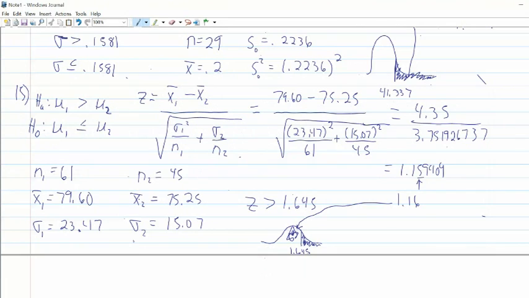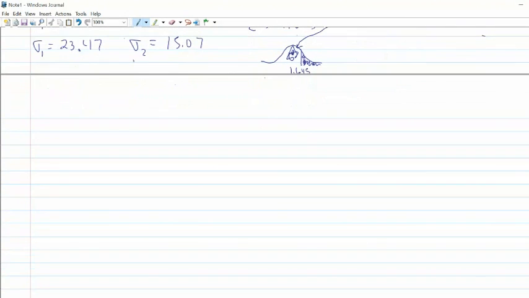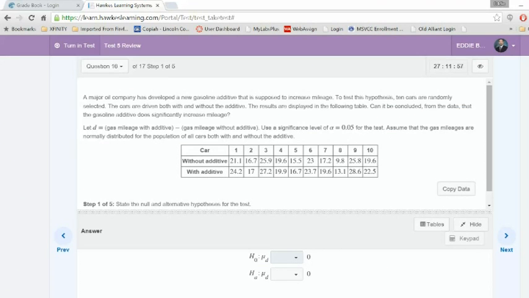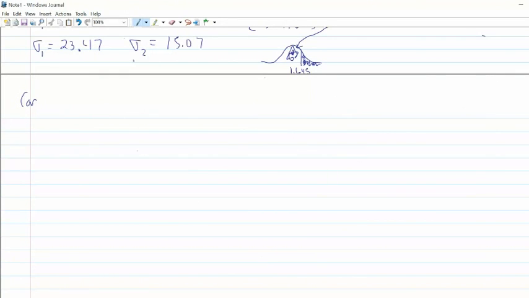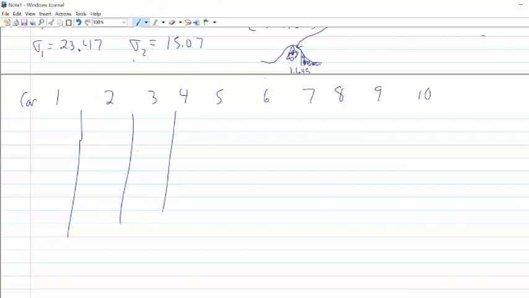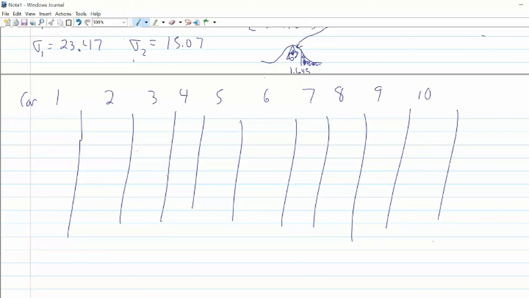So what I did on this problem, on the bottom there, I wrote down the difference. It would probably be easier. All right, so here's car. I'm not going to populate this whole table, but there's your 10 cars. So car 1, 2, 3, 4, 5, 6, 7, 8, 9, and 10. And then the difference. I'm just going to say D for difference.